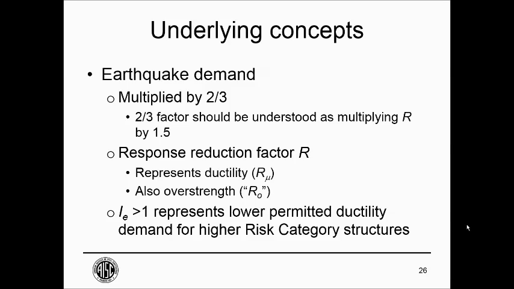So you can allow a medical office building to see a fairly high level of damage in a major seismic event, but the hospital that's across the street from the medical office building, even if it's seeing the same ground motion and on very similar soil, at least as far as design is concerned, is not permitted to be taken to such a level of ductility. So we might have an importance factor of 1.5. So the ratio of R over I sub E is going to effectively give us a lower R factor for the hospital, meaning we're going to tolerate less damage for the hospital.